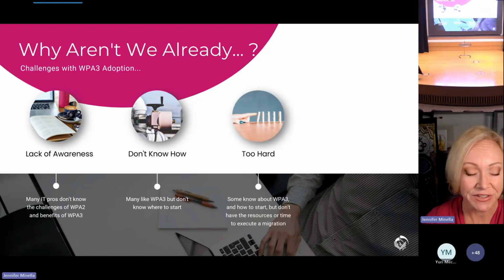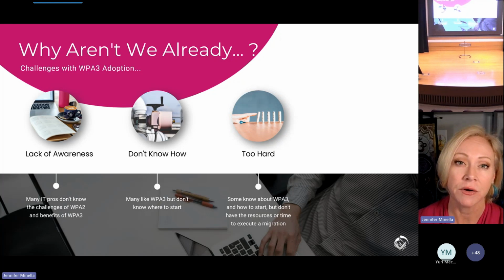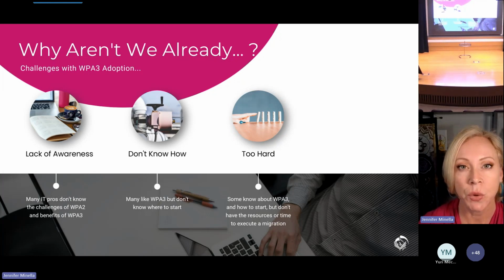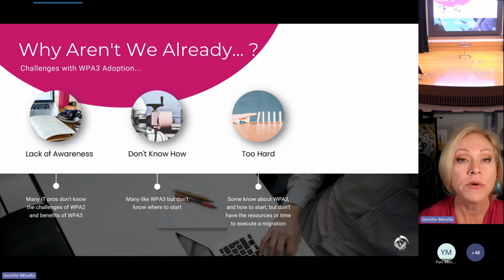The next hurdle is, well, we do know how to start and we do know how it should be migrated, but it's just too hard. Because I don't know about all of you, but most of us, a lot of us, we're juggling almost anything on the network that has an IP address, right?